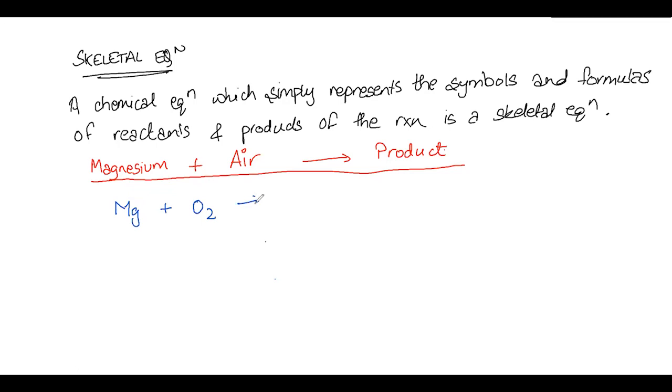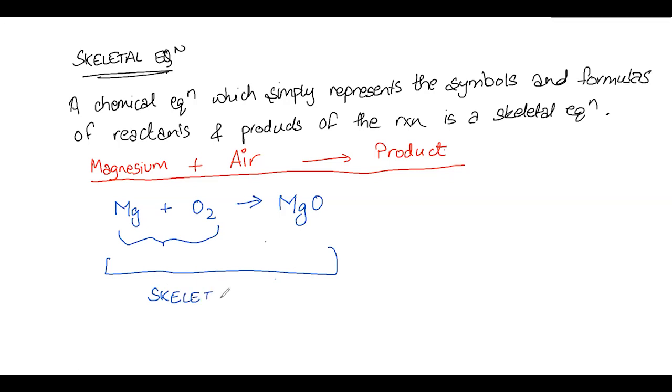And this arrow shows the direction of the reaction, that is, these two are our reactants followed by the product, and the product that will be formed in this case is MgO, that is magnesium oxide. So this whole is a basic skeletal reaction or skeletal equation.